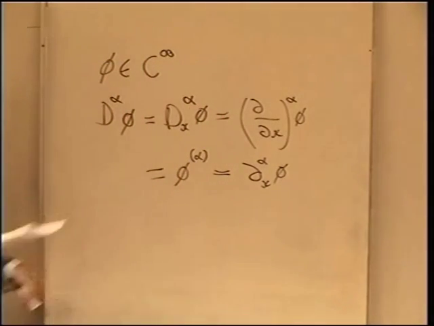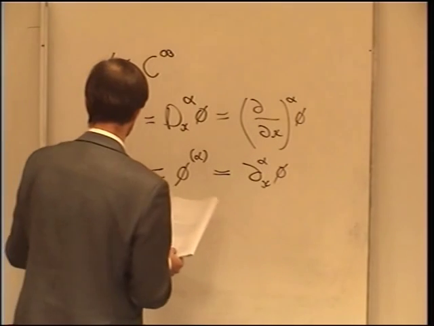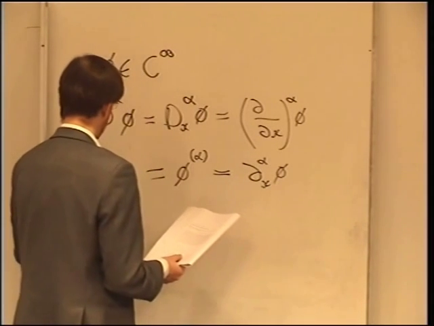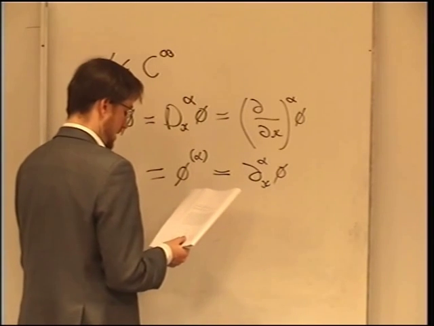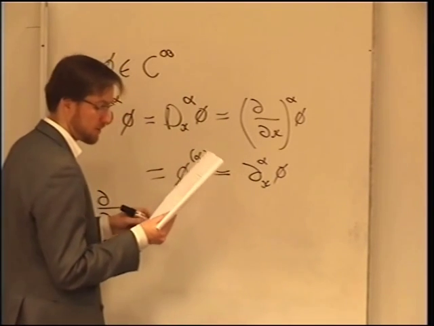By all of those notations, we mean the alpha-th partial derivative, and the alpha-th partial derivative is just d alpha dx.